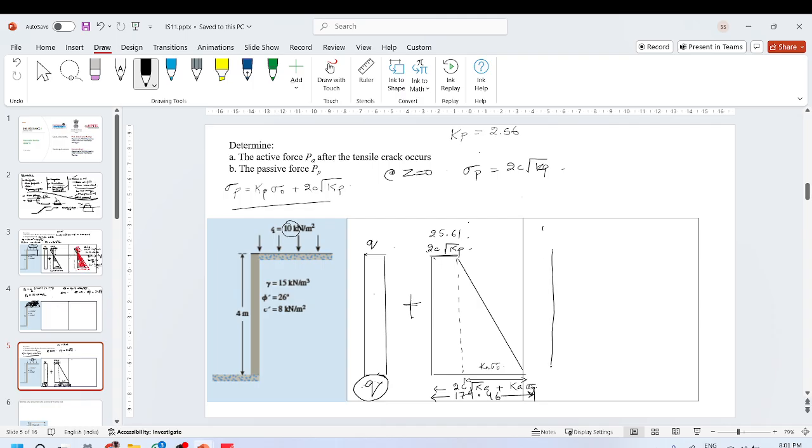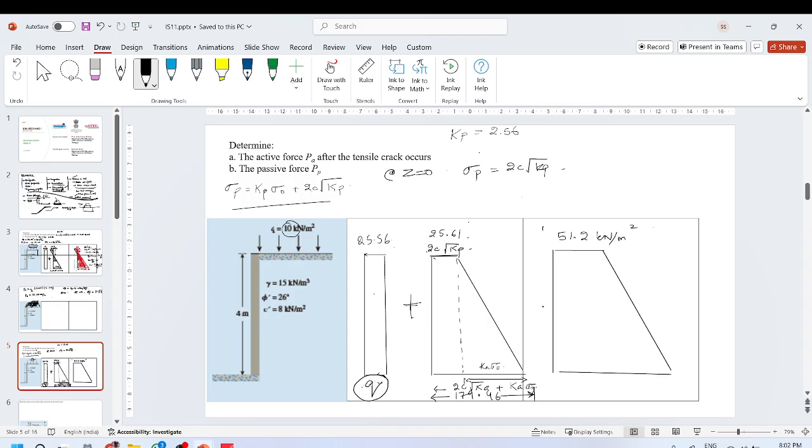When you add them, that is why I had drawn two panels, because I was separately calculating it. This will be 25.56. Add them, this will be 51.2.